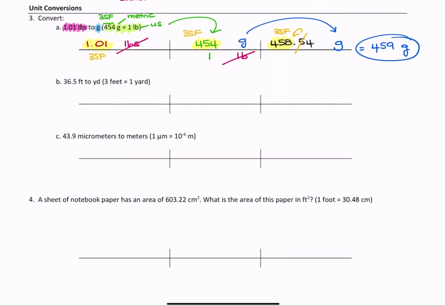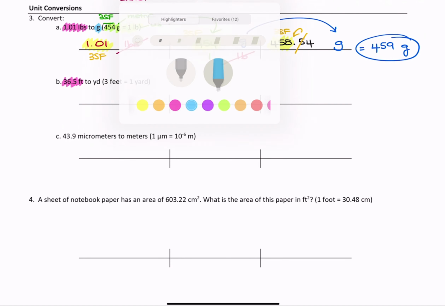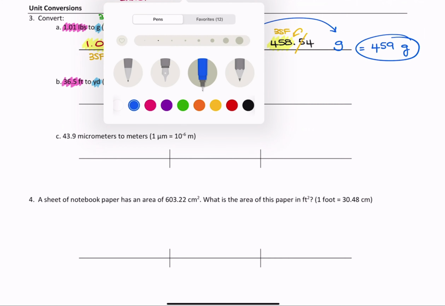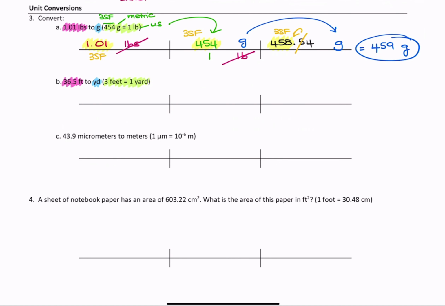Let's convert now the given unit of feet into the desired unit of yard, and we're given this conversion factor between feet and yard, and we have here 2 US units. Therefore, this conversion factor is exact. Starting with 36.5 feet, what I want is yard.